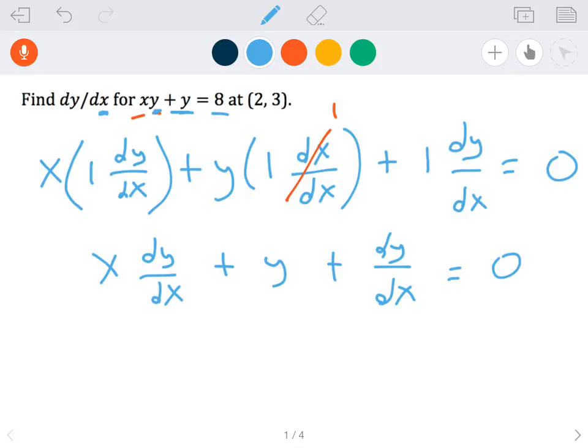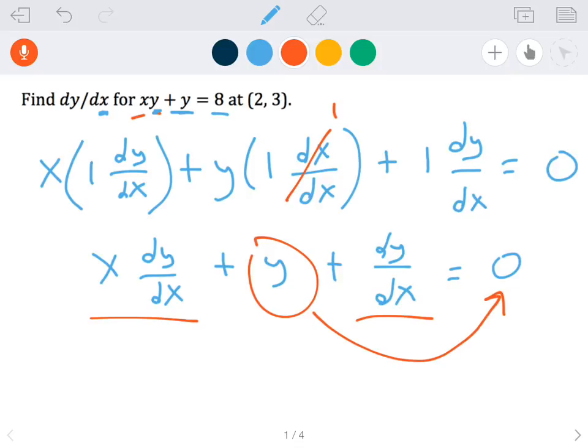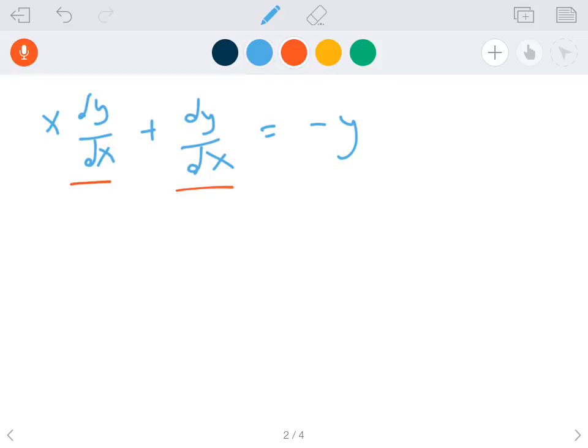Step 2 is to keep your dy dx terms on the left and move anything that's not dy dx over to the other side. That leaves me with x dy dx plus dy dx, and I'm going to move that y to this side. The next step, if you have more than one dy dx term, and I do, is to factor out a dy dx.